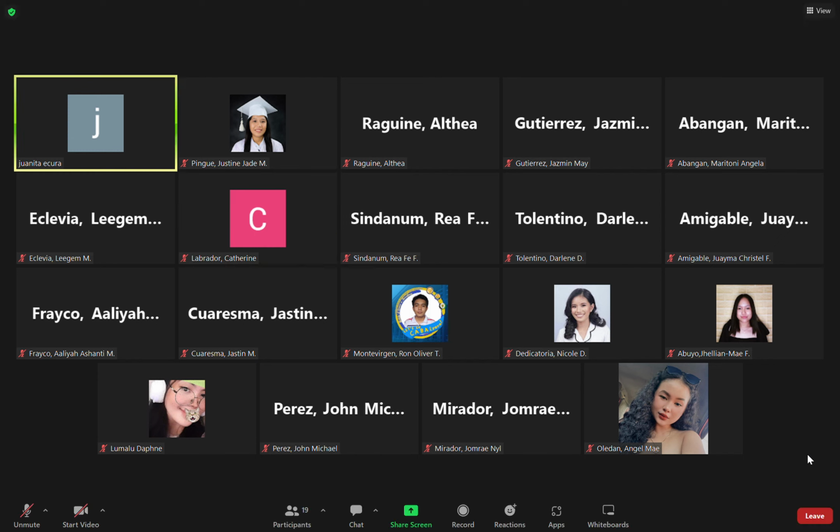Were you able to solve number 10 doon sa page 389? Yes or no lang ang sagot. Na-solve nyo ba? Kung hindi nyo na-solve, no ang sagot.